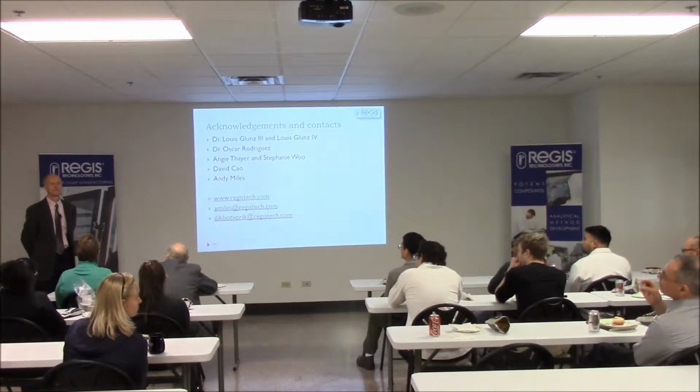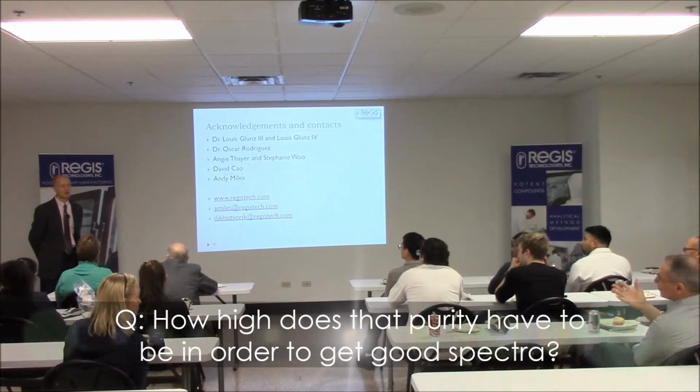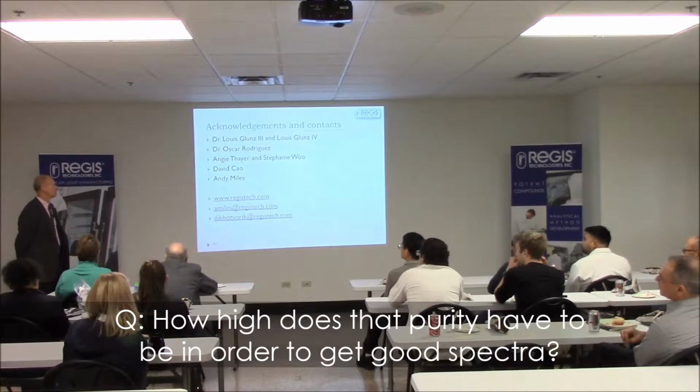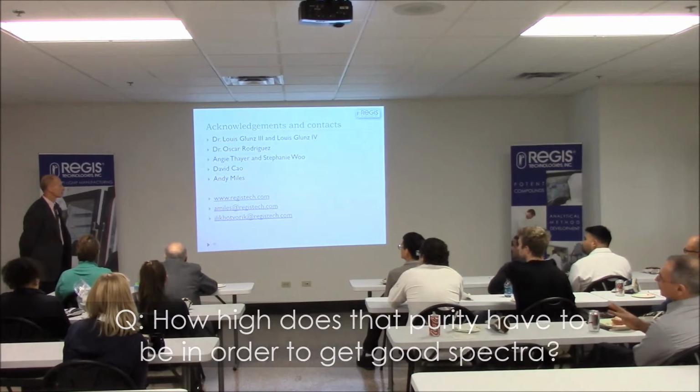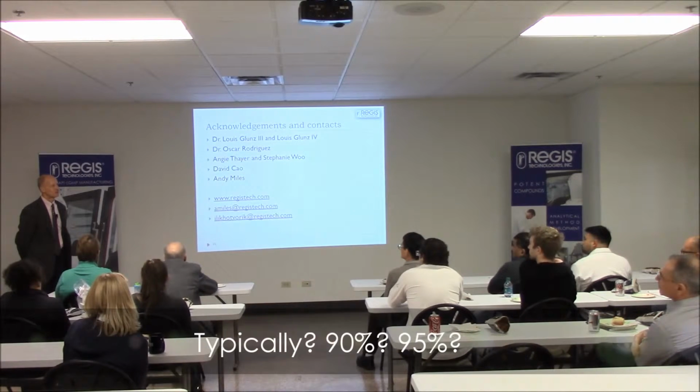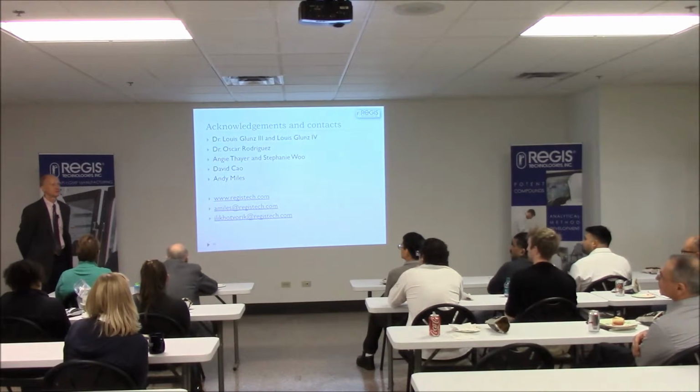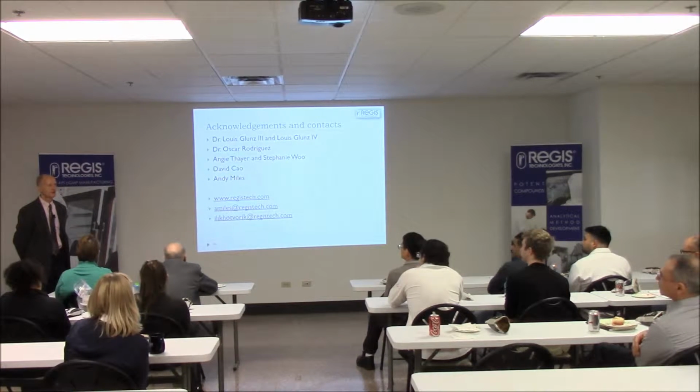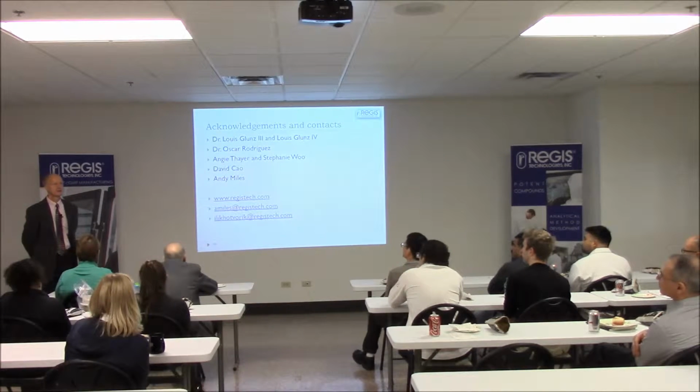How pure does the impurity have to be in order to get a good spectrum? Typically, 90%, 95%? There are two approaches. Either you can purify the impurity to the level which is 80 to 95%, or you can have 2-3 samples which represent less purified material where the other part is variable.